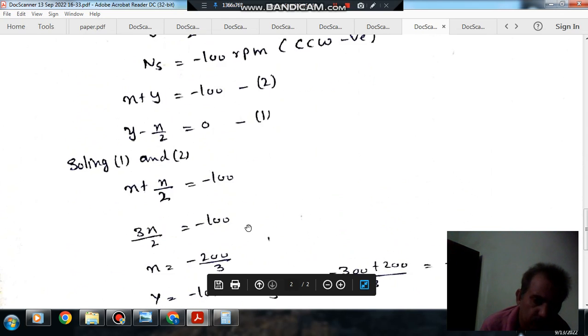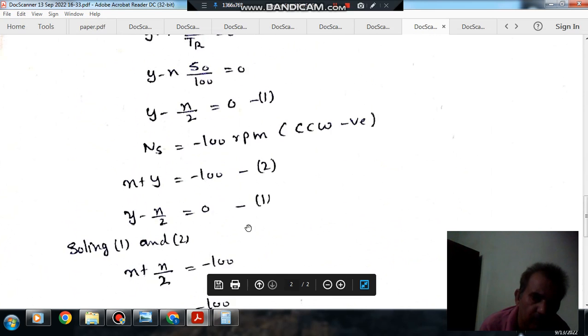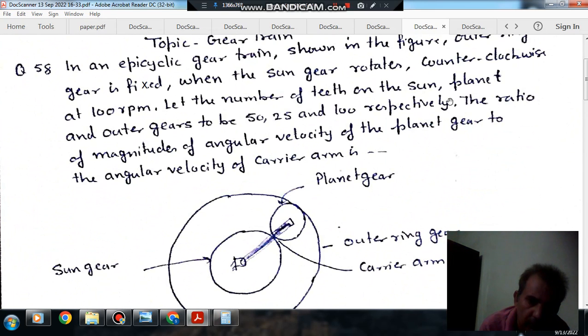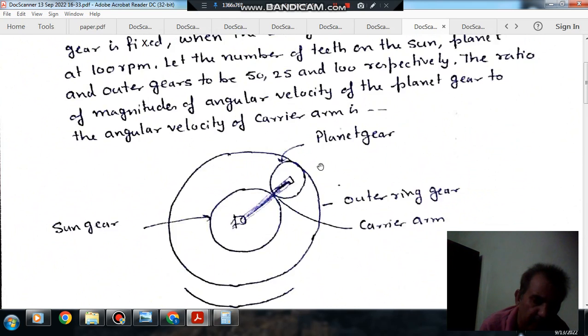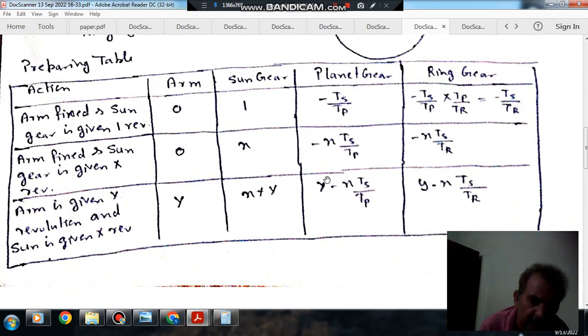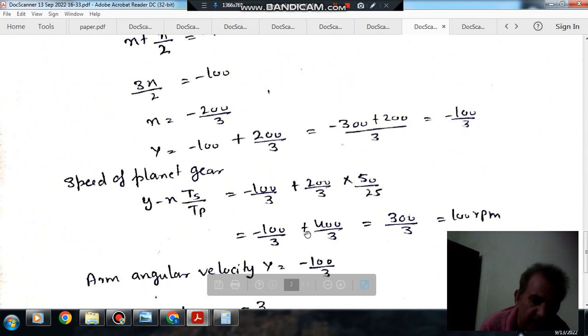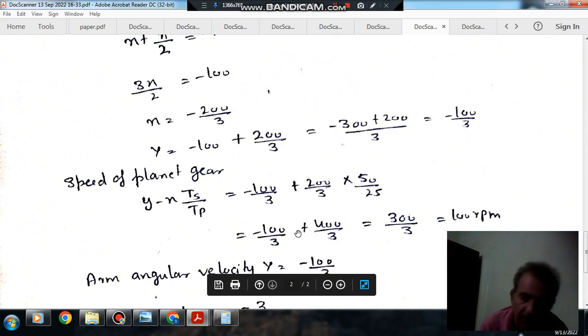Now we have to find the ratio of magnitude of angular velocity of planet gear to angular velocity of carrier arm. The planet gear revolutions are Y minus X TS by TP. We know the values of Y, X, TS and TP, so the planet gear revolutions per minute can be found out.